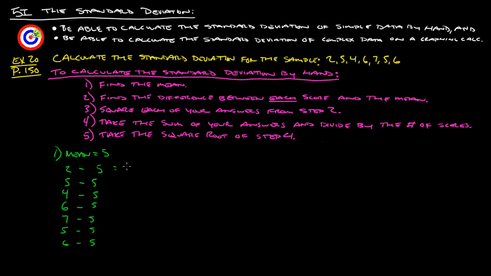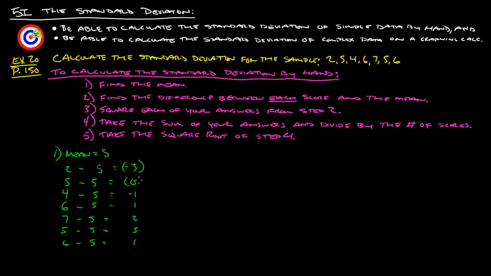The negative is not going to matter. I'll put it on there anyway just for good measure, but it's not going to matter because we are going to square our answers, which is going to get rid of our negative. We get -3, 0, -1, 1, 2, 0, and 1. So we found the difference between each score and the mean.